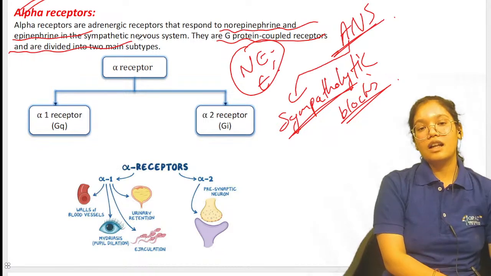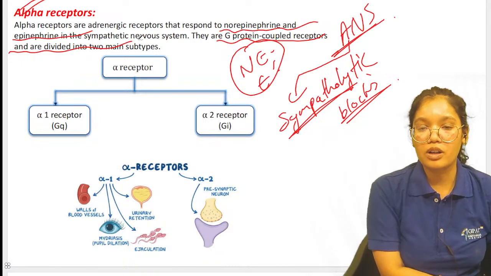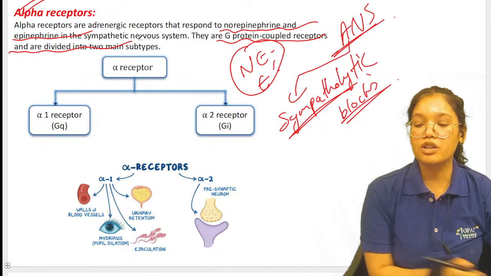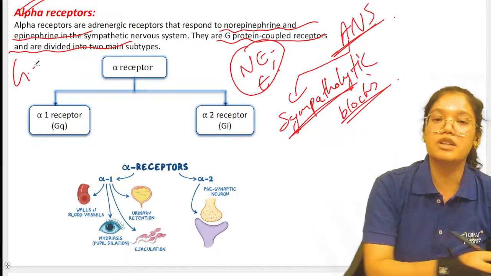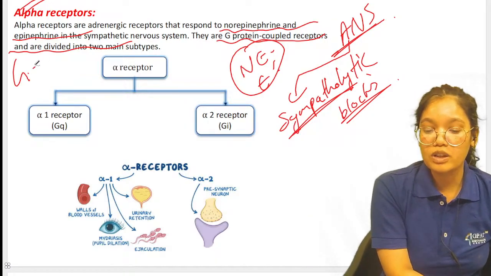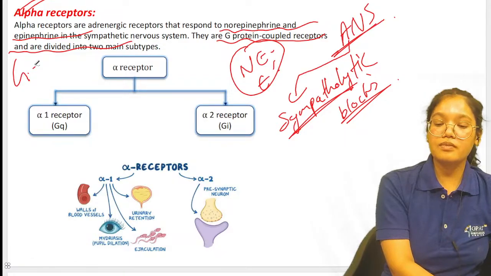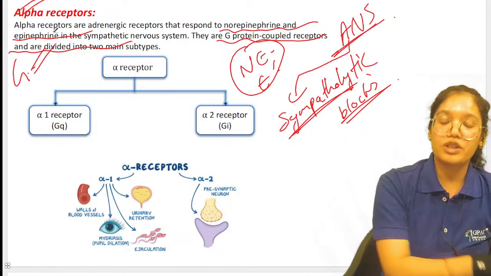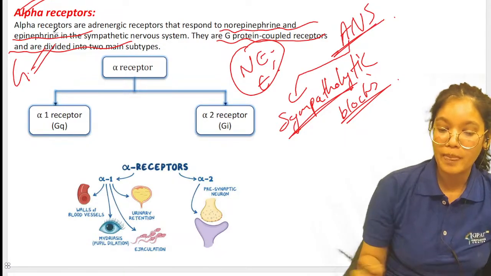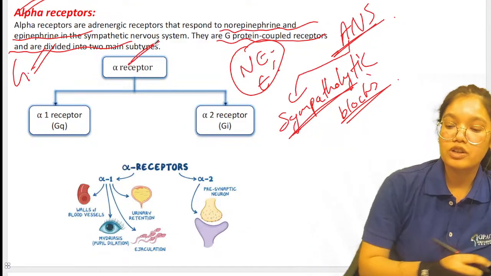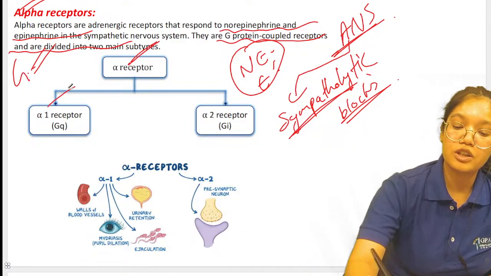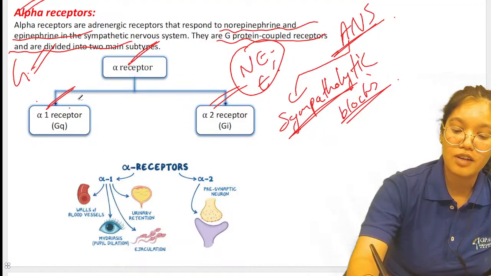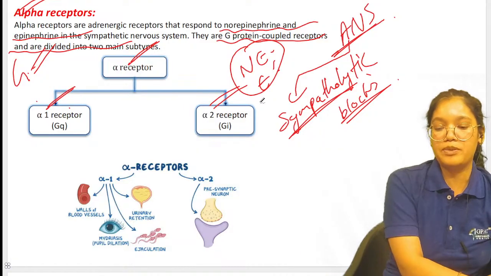In the last class we studied the beta blockers. The beta blockers were also G protein coupled receptors, if you remember. So the alpha receptors also are G protein coupled receptors. Moving forward, these alpha receptors are divided into two types, alpha 1 and alpha 2 receptors.